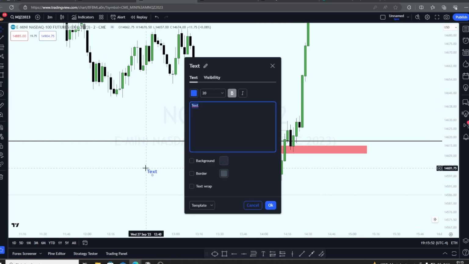So on this specific trade, we were delivering from weekly PD array, right? There we go. Delivering from weekly PD array, dropped to lower time frame to look for entry on first inversion fair value gap after market structure shift.